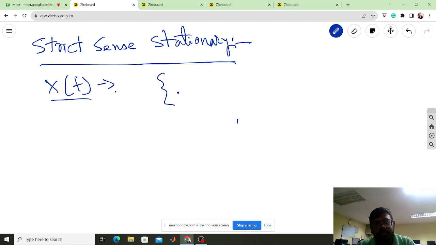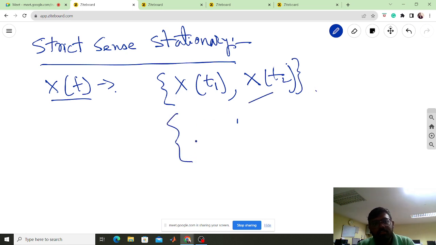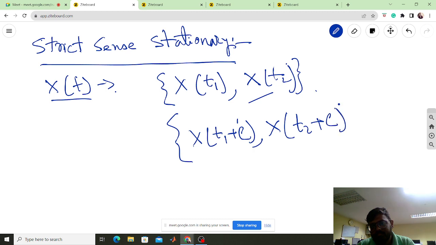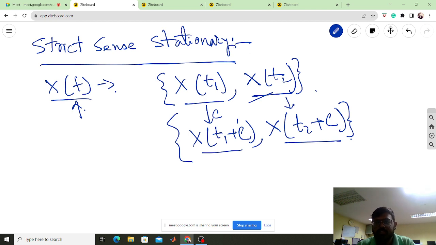Now I just take two random variables, X(t1) and X(t2), at two different instances. And I also take another pair, X(t1 + c) and X(t2 + c), of the same random process. This is the particular random process, and these are X(t1) after time c, and X(t2) after time c.